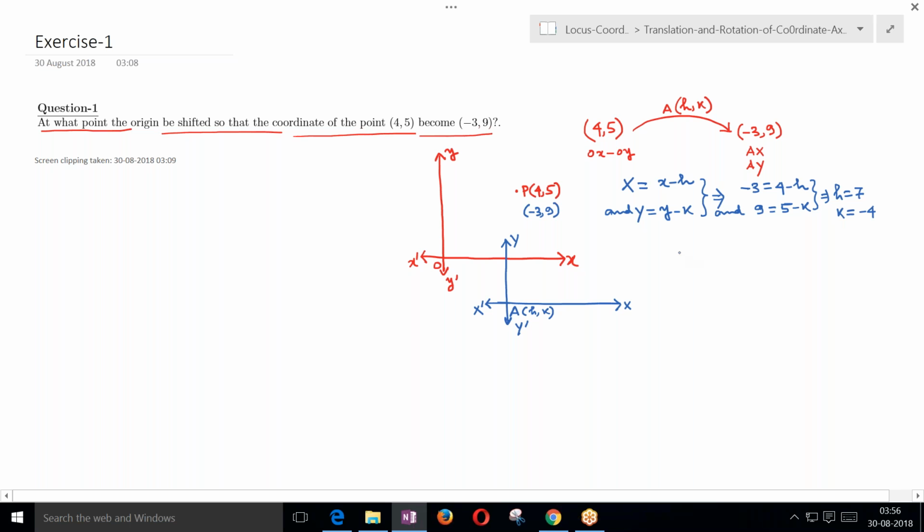So the origin is shifted to the point (7, -4). This is the answer we get. I hope all of you are able to understand this. In case of any doubt, please let me know before we proceed to the next question.